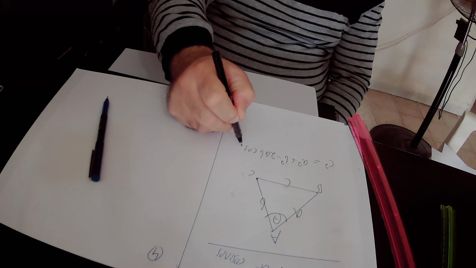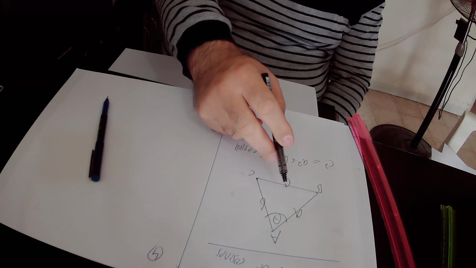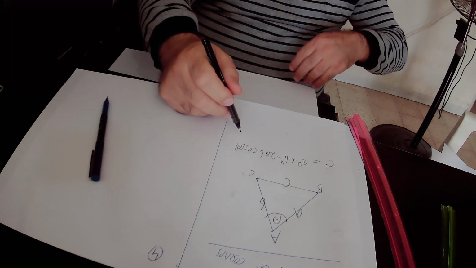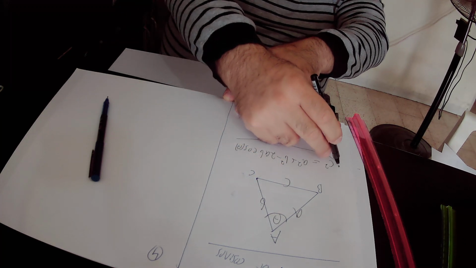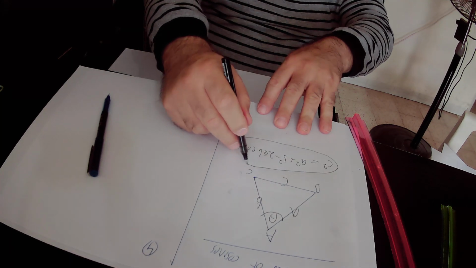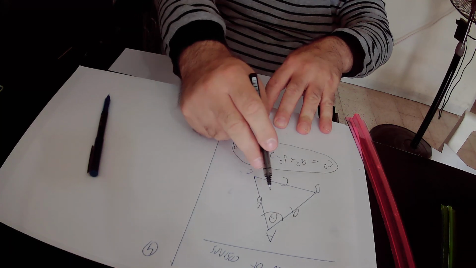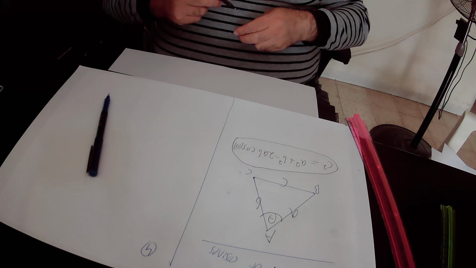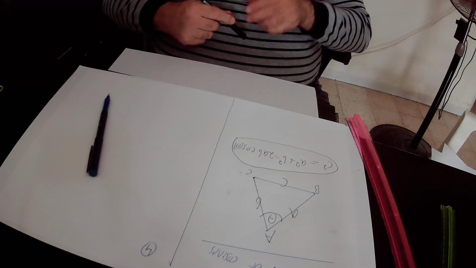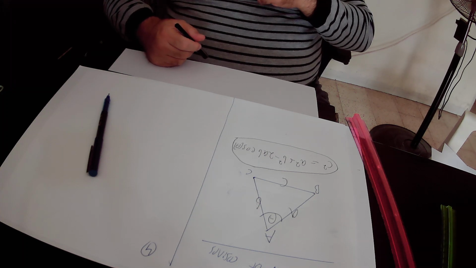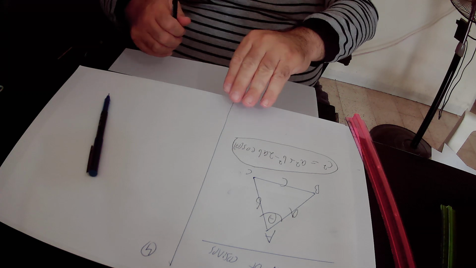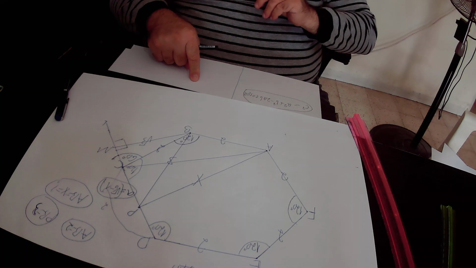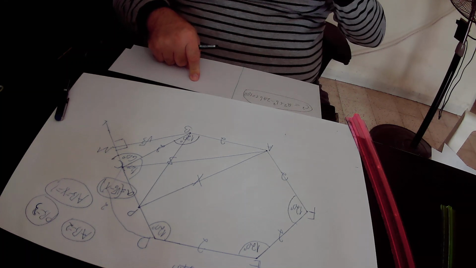Theta is the angle between side AB and side AC. So in any triangle, C squared equals A squared plus B squared minus 2 times A times B times cosine theta. We can implement the law of cosines in triangle ABC, so in the next step I will copy triangle ABC in this page and implement the law of cosines on it.